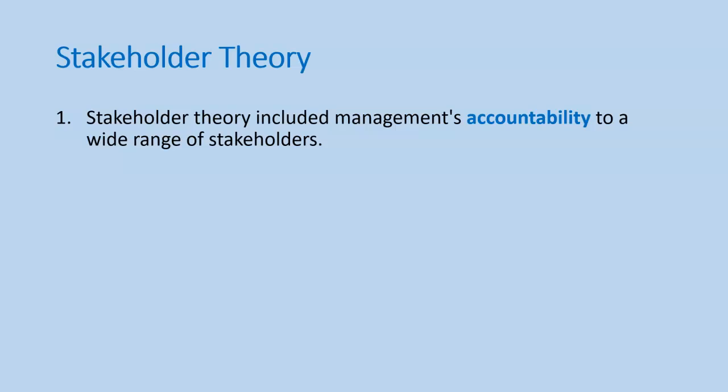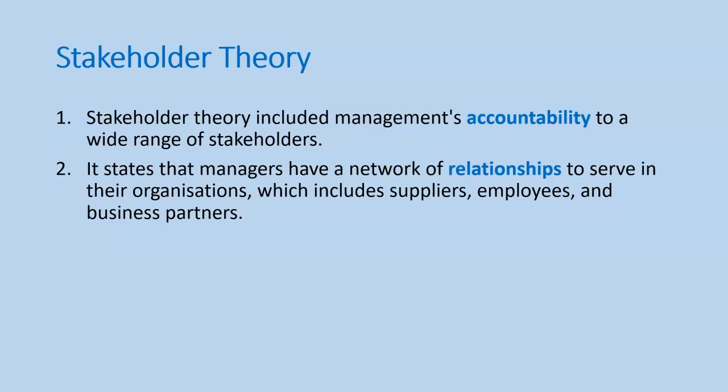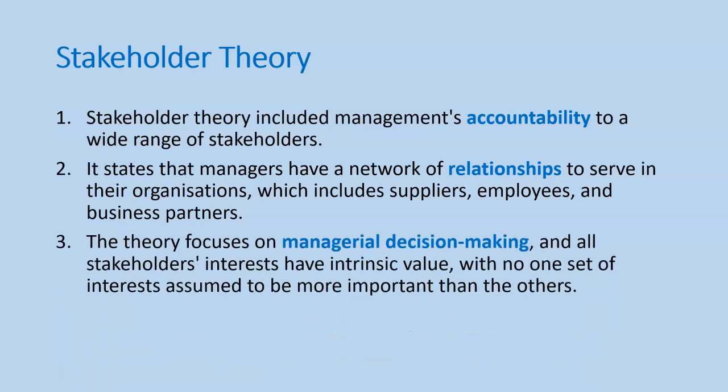Stakeholder theory includes management's accountability to a wide range of stakeholders. So it focuses on accountability, that somebody is doing some work. What is the performance? Whether it has achieved objectives or not comes under stakeholder theory. It states that managers have a network of relationships to serve in their organization, which includes suppliers, employees, and business partners. So there is a relationship between all actors.